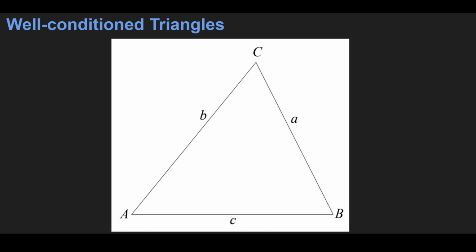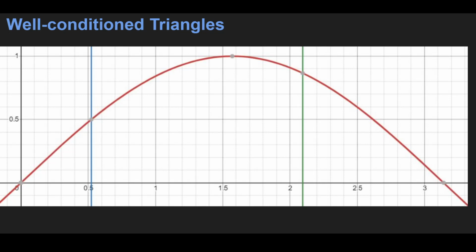Now, for well-conditioned triangles, how do we determine if our triangle is well-conditioned? We know that we use the sine law in computing for the other sides, given one side and the other angles. If we take a look at the sine function, this blue line coincides with 30 degrees, and this green line corresponds with 120 degrees.